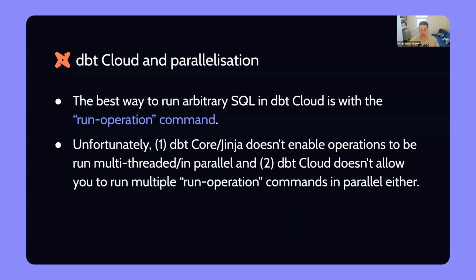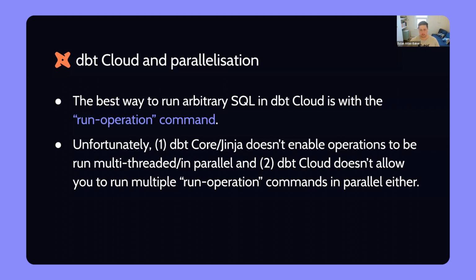The two downsides were that Jinja, it's a dbt limitation mostly via Jinja, doesn't enable those operations to be multi-threaded or run in parallel. So if you imagine that you're creating these pass-through views or these clones, you're doing them sequentially. And that on certain things can be hamstrung. You're not able to run things in parallel, with multiple threads, the way that you can with a dbt build command.